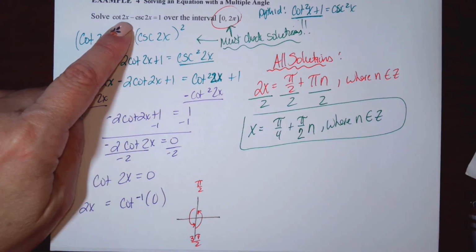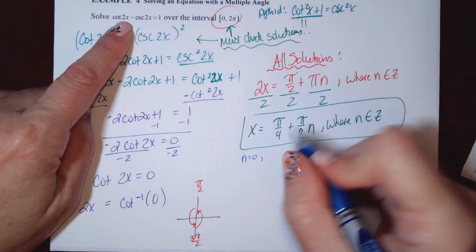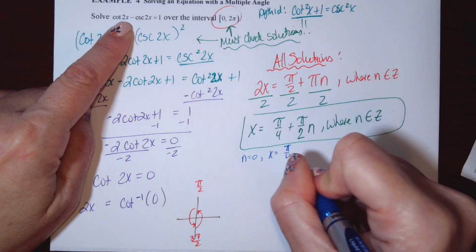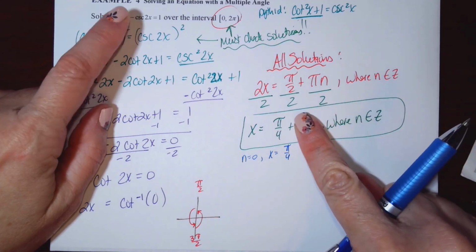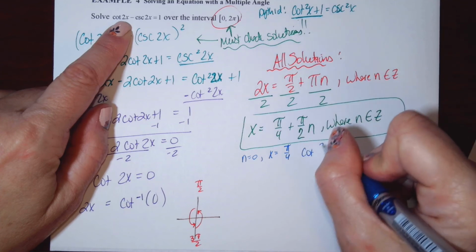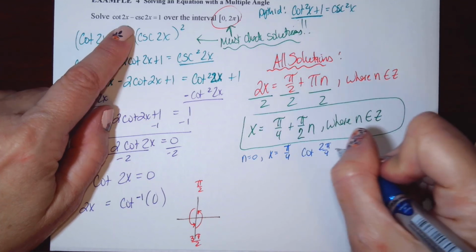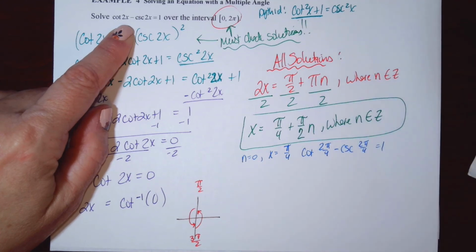Alright, so in our original equation, if n equals 0, x is just pi fourth. So let's see what happens here. That would be cotangent of 2 times pi fourth minus cosecant of 2 times pi fourth should be 1.